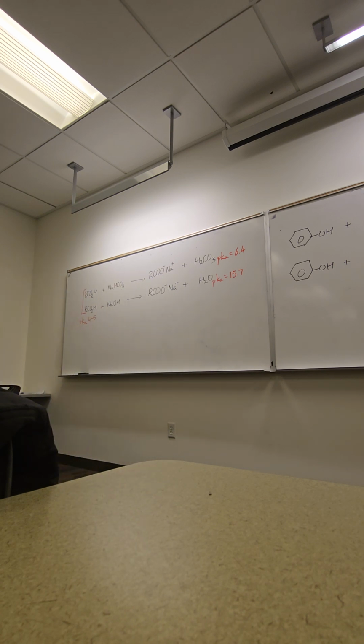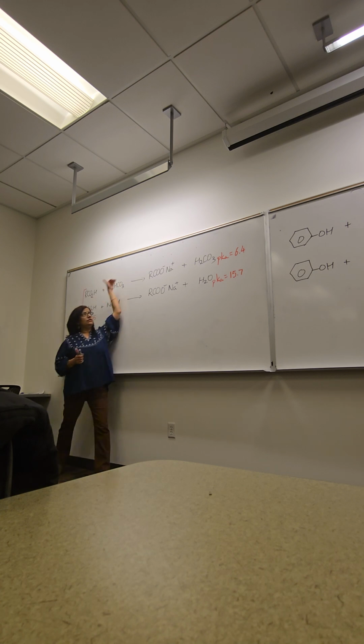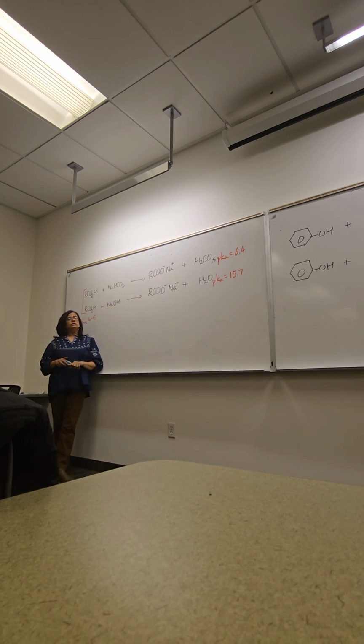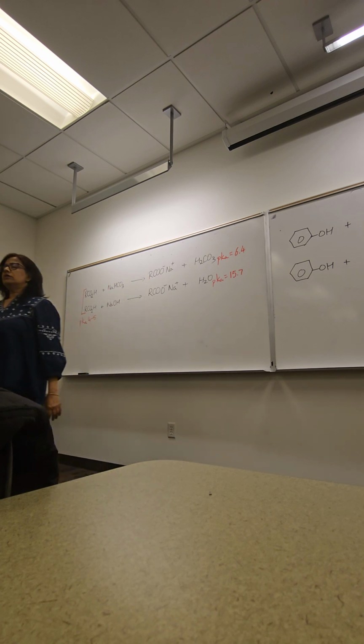Everybody okay? Here's the question I have for you. With those pKa values, in which direction would this equilibrium be, the products or the reactants? Calm, slow down, think about it. When carboxylic acids react with sodium bicarbonate, will the equilibrium be in the direction of the products or reactants?